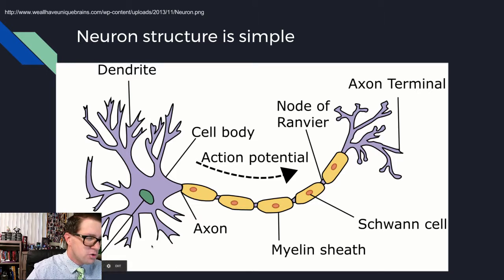So information goes into dendrites, gets processed at the cell body, collects right here at something called the axonal hillock, even though it's not labeled, and then it's going to move along a very long process that we call an axon, eventually going to the axonal terminals or the terminal buttons or a whole bunch of other words that go there, where we'll end up moving that information somewhere else. The flow of information will be from dendrite to axon terminals every single time.